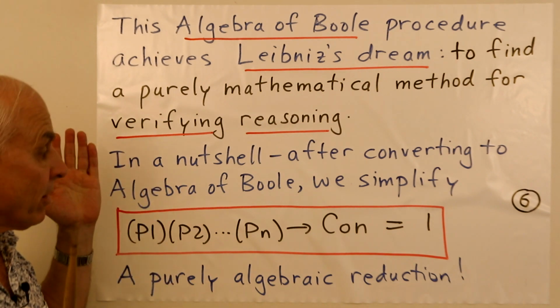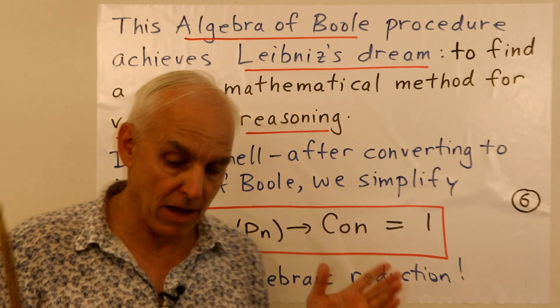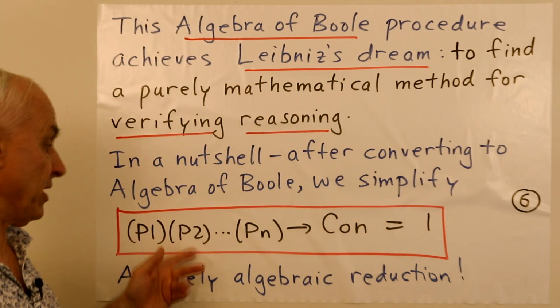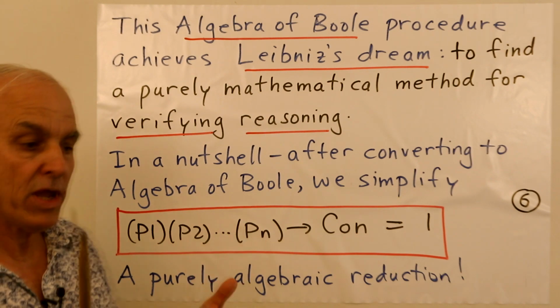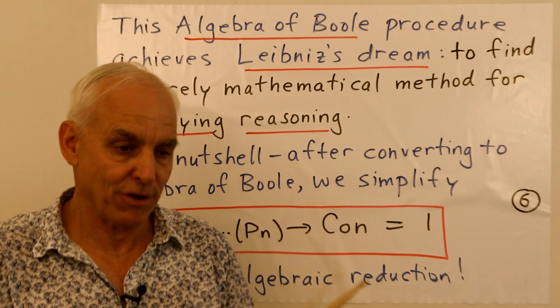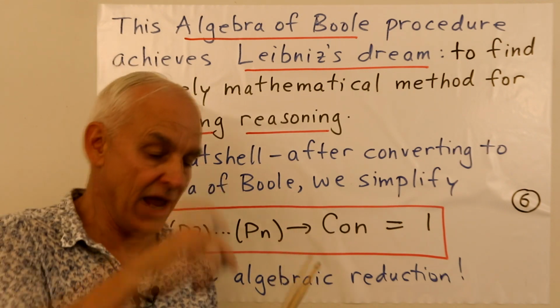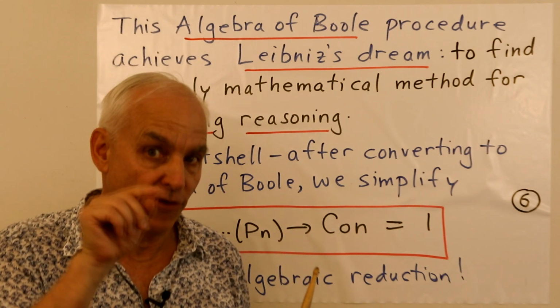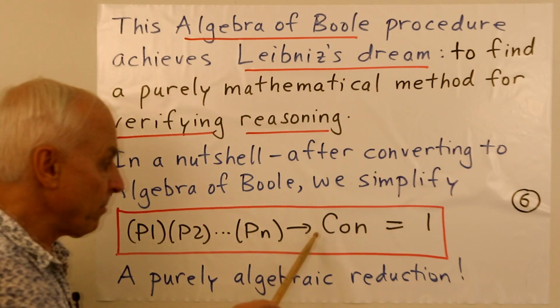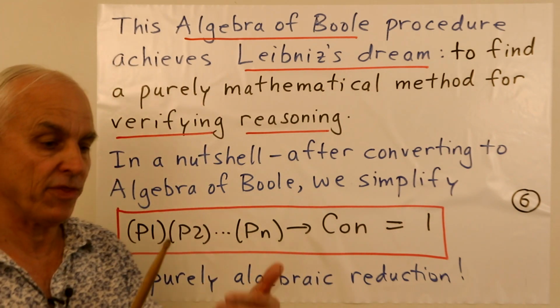So in a nutshell, what does it amount to? It amounts to this. We take the various premises, say P1, P2, maybe there's n of them. We convert all of them into the algebra of Boole. So replace all the arrows, replace the ors, the ands, and so on, with just additions and multiplications. We replace the conclusion also with a Boole polynumber.